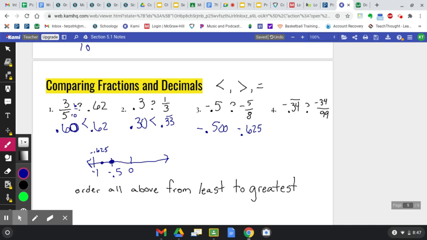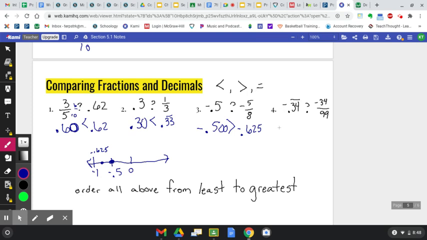So when I look at this, the negative 0.5 is actually greater than the negative 0.625. So you got to be careful with your negatives. If you want to use your number line to assist you, make sure you do that. And then think about it as owing. Would you rather owe 625 or would you rather owe 500? I'd rather owe 500, which means that's a greater value than the negative 625.